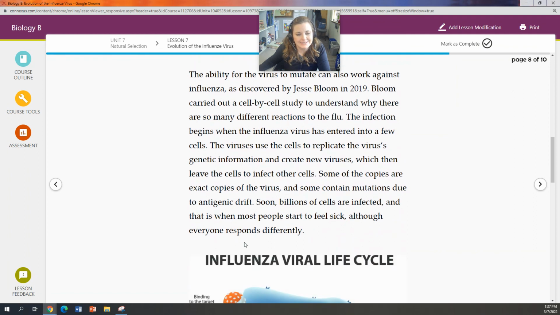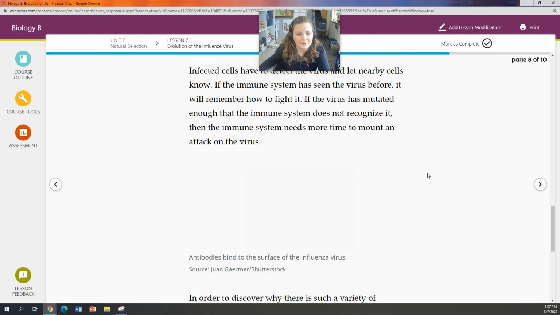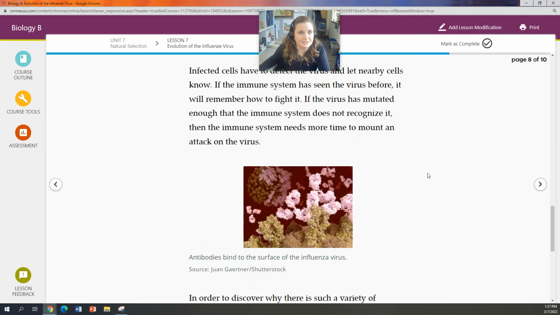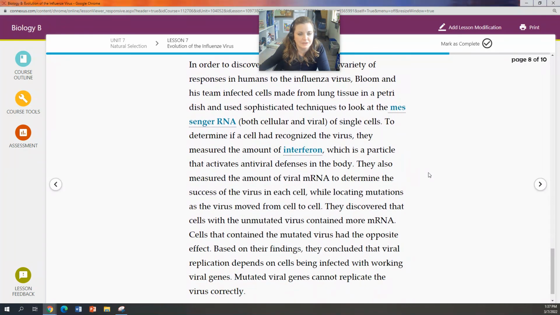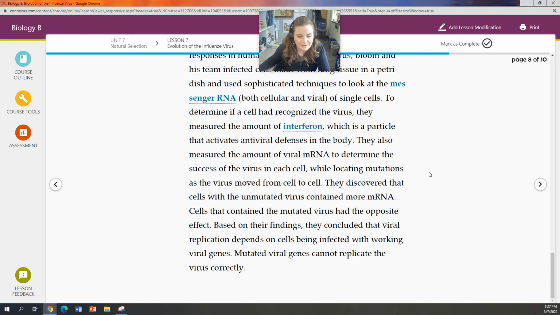What it does say here is that sometimes it backfires for the virus because in order for your body to be able to replicate the virus and make copies of it, it can't be too different. If it becomes too different, too mutated, your body can no longer recognize it well enough. It's no longer able to successfully replicate in your body.